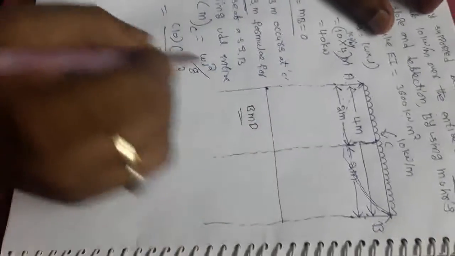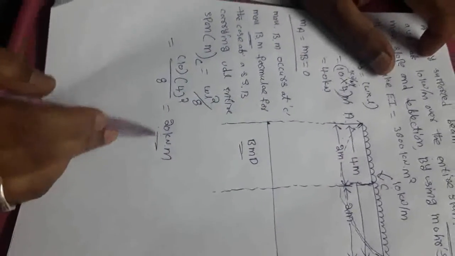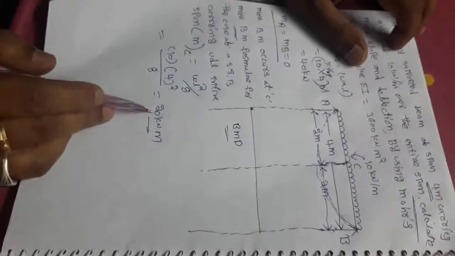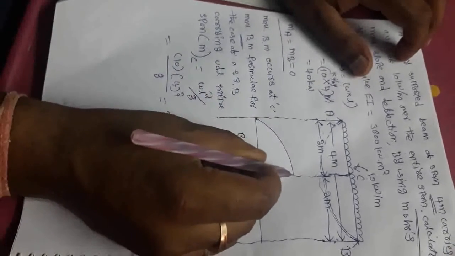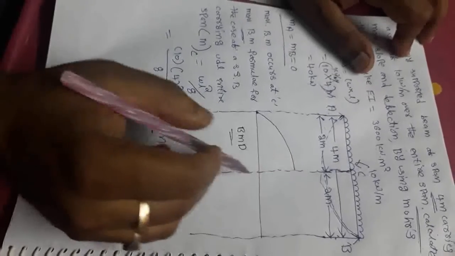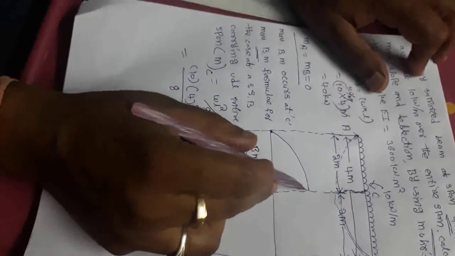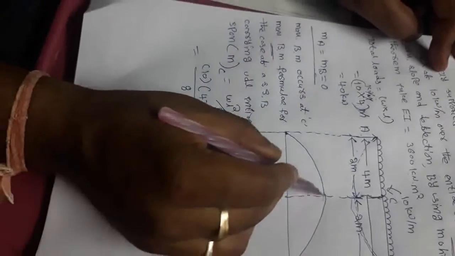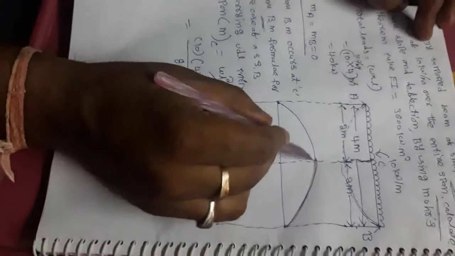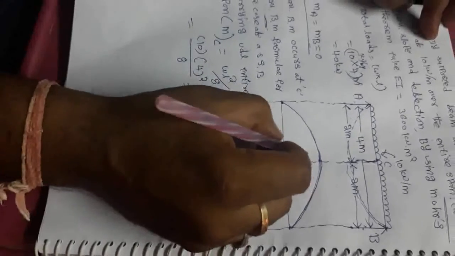So from 0, the next point is C, which is plus 20 kilonewton meter. It is a parabolic shape, increasing from 0 to 20, and then next MB equal to 0. So this is the value MB, and it falls down to 0 in the form of a parabolic shape. Here the value is 20 kilonewton meter.